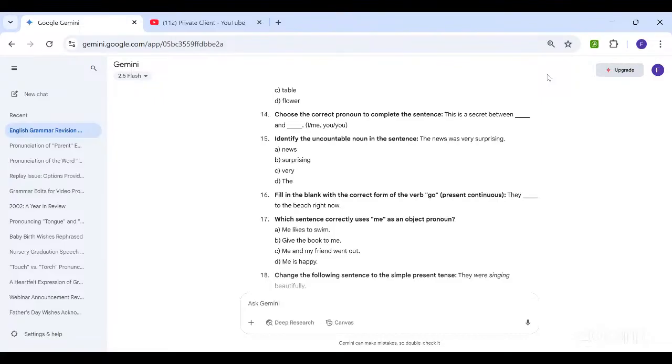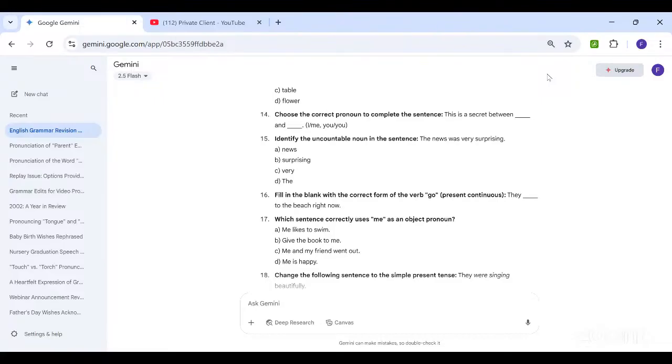They go to the beach right now. They are... No. Going to the beach right now. Yes, they are going. Present continuous. Continuous is words that end in ing. So they are going to the beach right now.